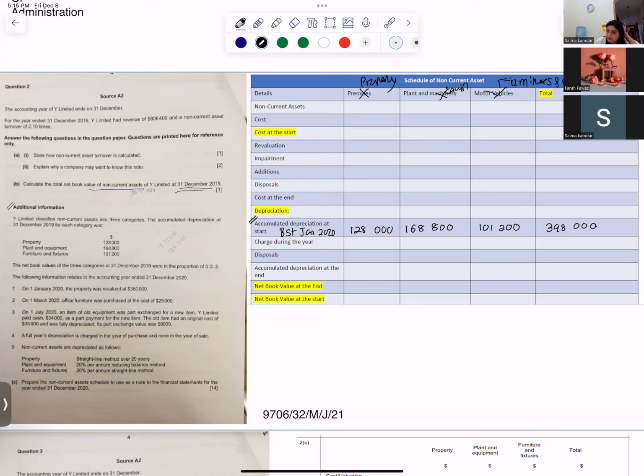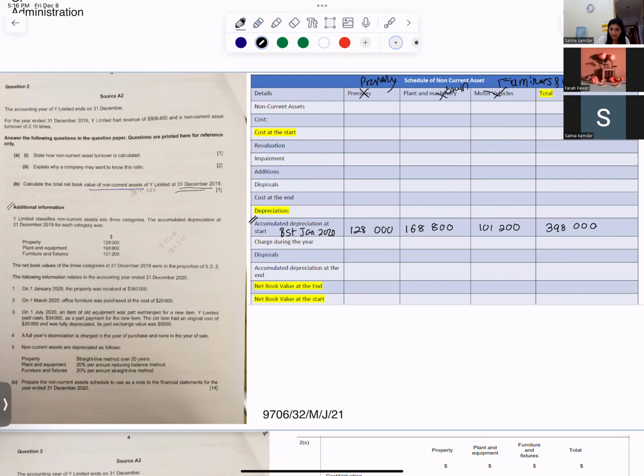The net book values of three categories at 31st December 2019 was in the proportion of 5:3:2. Slowly, I cannot hear what you're saying. The net book values of three categories at 31st December 2019 was in the proportion 5:3:2.